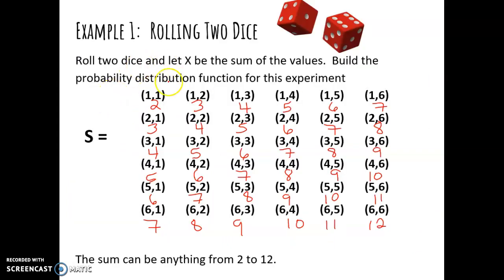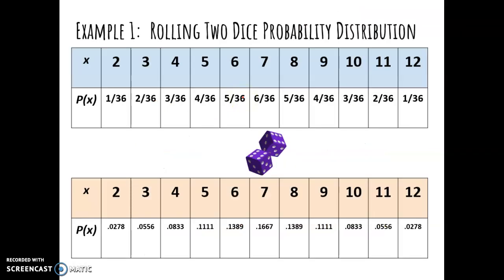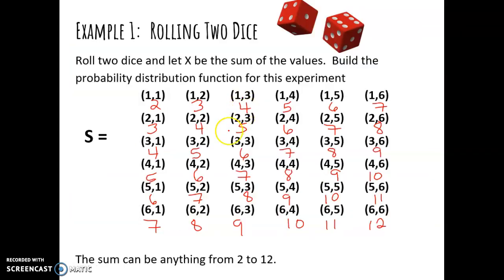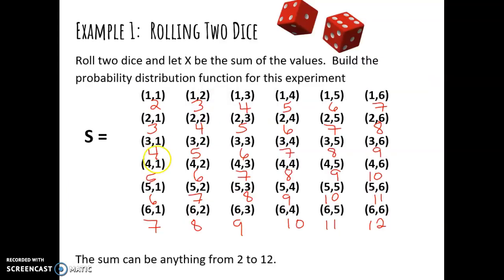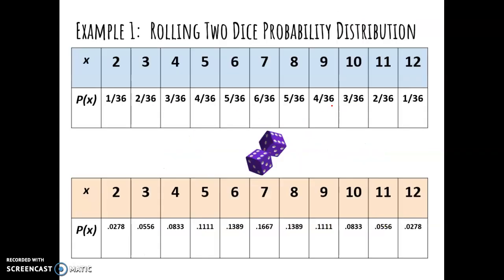Now, 3, 1, 2, 2 out of 36. 4, 1, 2, 3, 3 out of 36. 5, 1, 2, 3, 4, 4 out of 36. 6, 1, 2, 3, 4, 5, 5 out of 36.